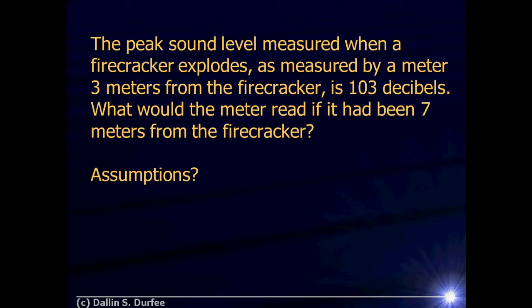Assumptions: we're going to assume that the wave propagates away from the firecracker as a spherical wave. As such, the intensity is going to be proportional to 1 over the distance squared. So if I take the ratio of the intensity at 7 meters divided by the intensity at 3 meters, that's just going to equal the distance at 3 meters divided by the distance at 7 meters squared, right?